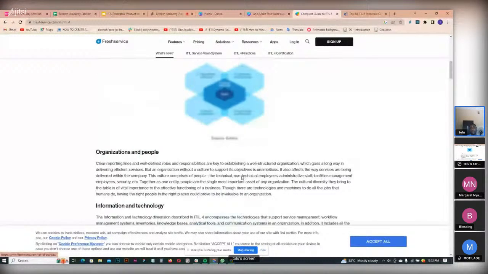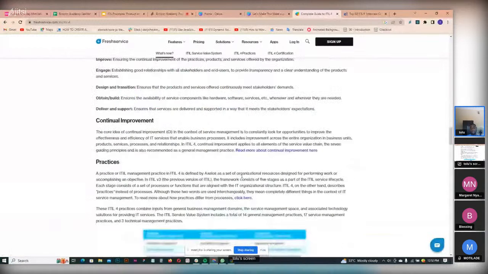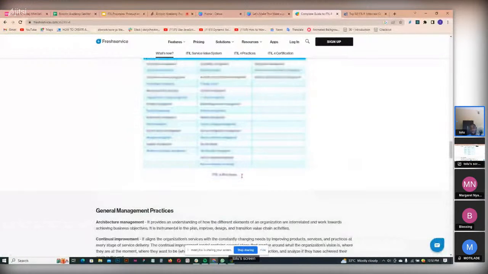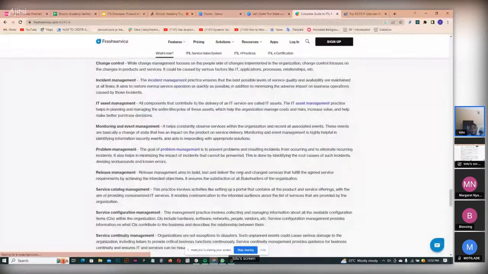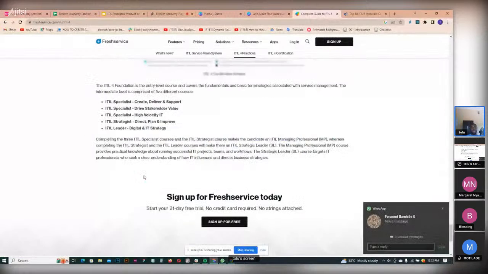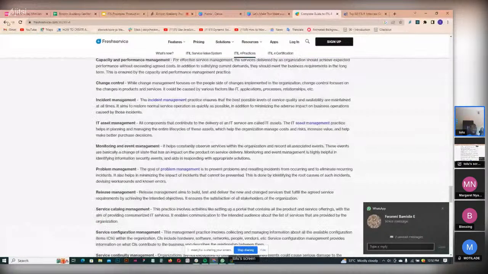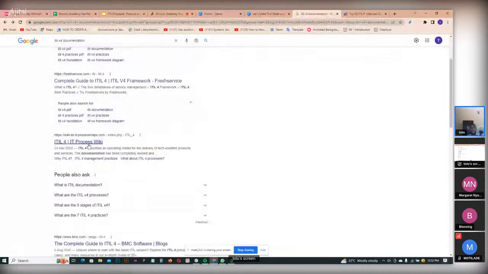Because there is no particular book I can tell you to read, these are ITU books also. Just go online and search ITU. Also, if you want to read the documentation, you can put documentation in front and it will show up. This is another one again, this one is recent, 2022.